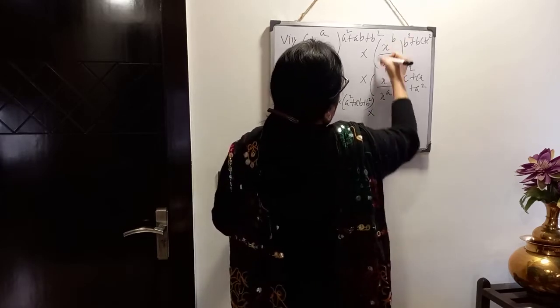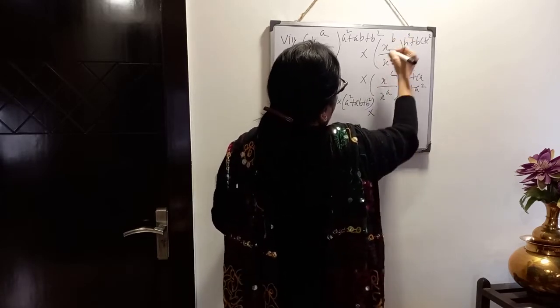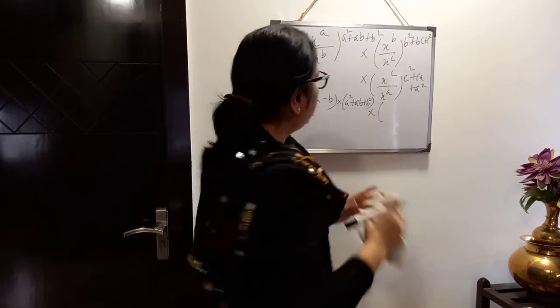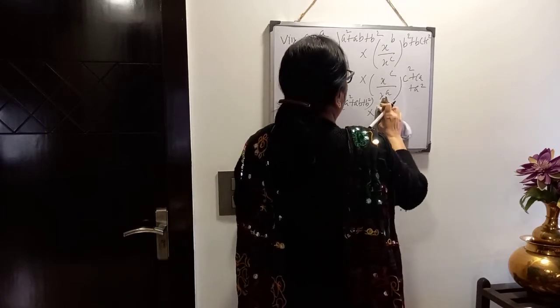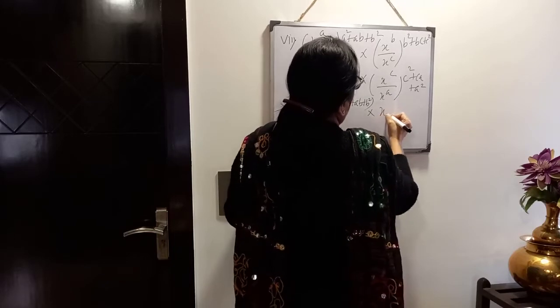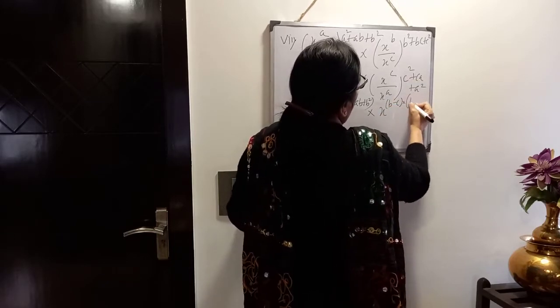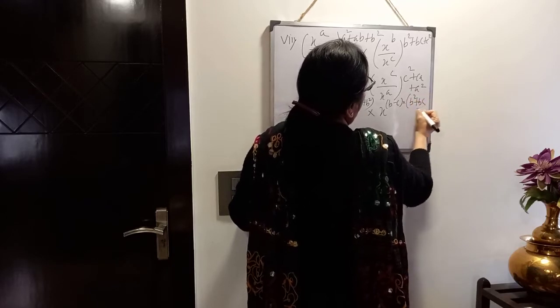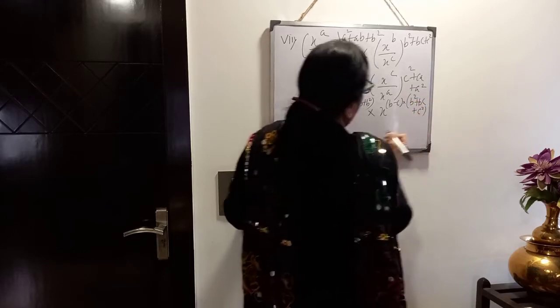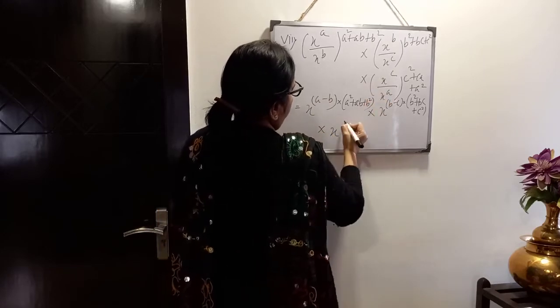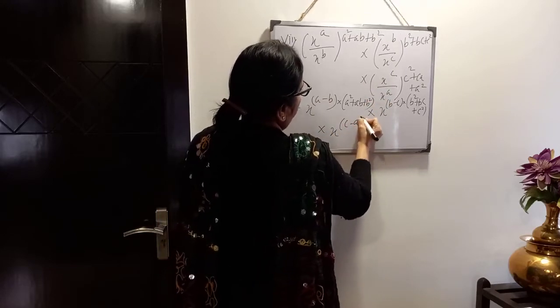Similarly here, same power, same base, power will be subtracted. So we can write x to the power b minus c into that b square plus bc plus c square, into here also same base, we will subtract the powers.